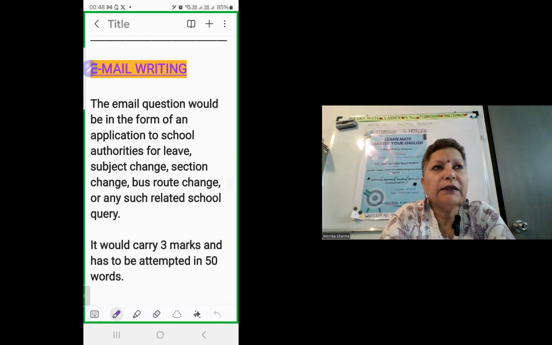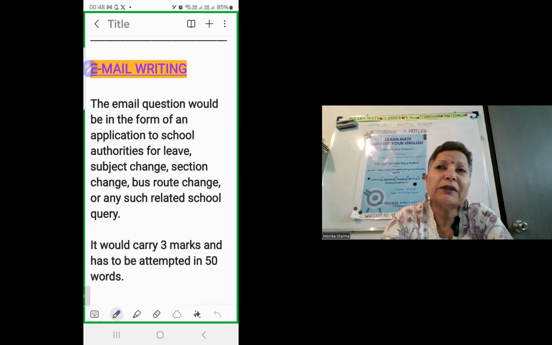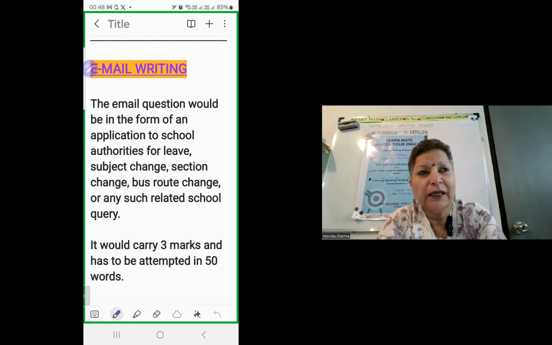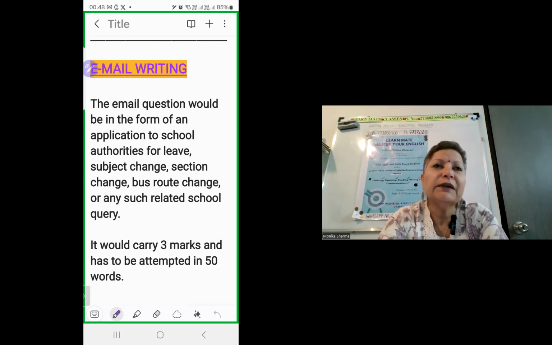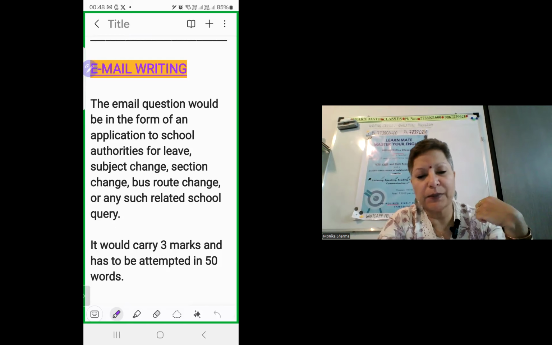In today's world, it's very rare that we actually write letters in the physical sense, which we post to people, because a postal communication takes much longer. It is only when you have to send something in physical format that we use that format, where we are sending something written and it is going by post to the next person.